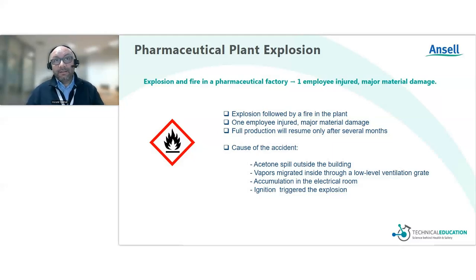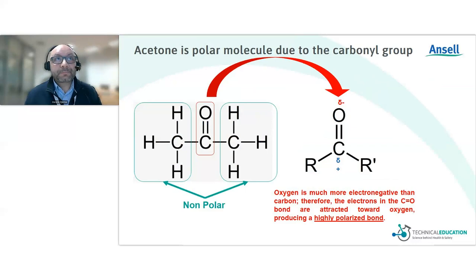Unfortunately, the acetone vapors accumulated in the electrical room, an area where we can have a source of ignition. So the explosion happened, and the fire also happened after. So you see, even if the range of explosion is not very big, the risk still exists when we are using an important amount of acetone.